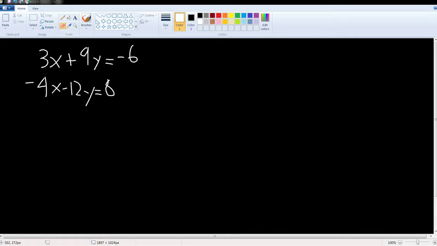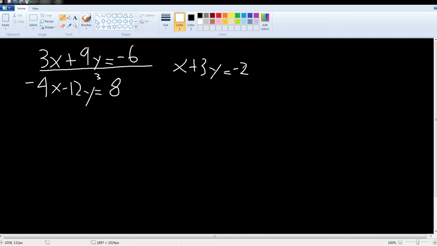So before we even do substitution, we can see that we can simplify before we actually solve for the variables. If we look at the top one, we can divide by 3 everywhere, right? And then we would get x plus 3y is equal to negative 2.